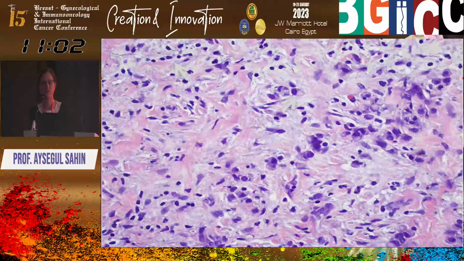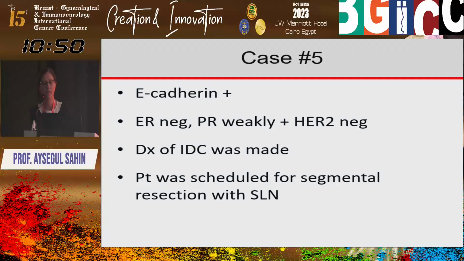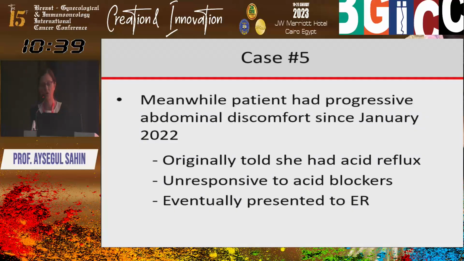Some of them have signet ring cell morphology. And then we did E-cadherin, and it was positive. So then we said it is most likely an invasive carcinoma, NOS. And it was ER negative, PR weakly positive, and the patient was scheduled for segmental resection with sentinel lymph node.